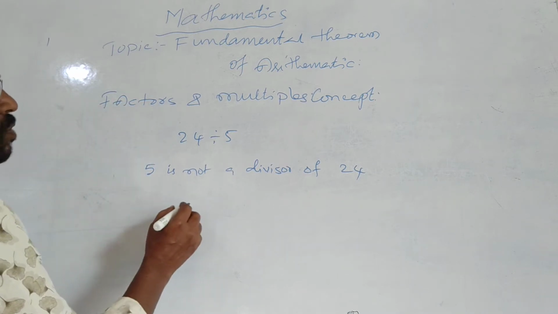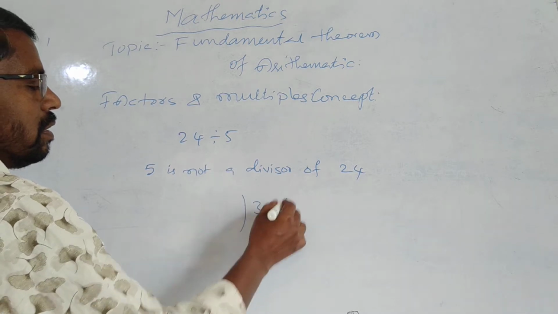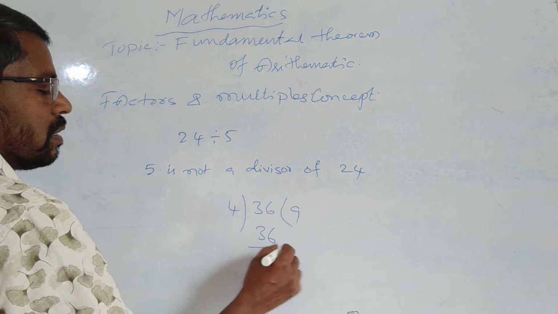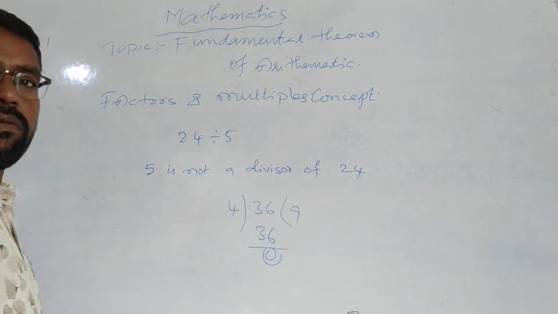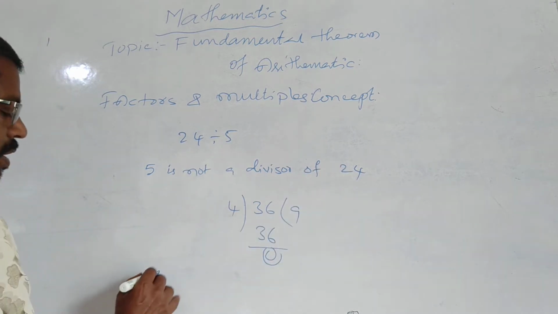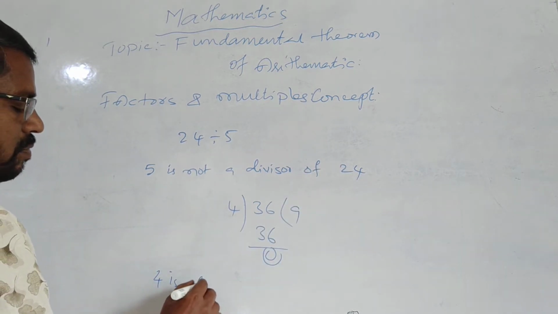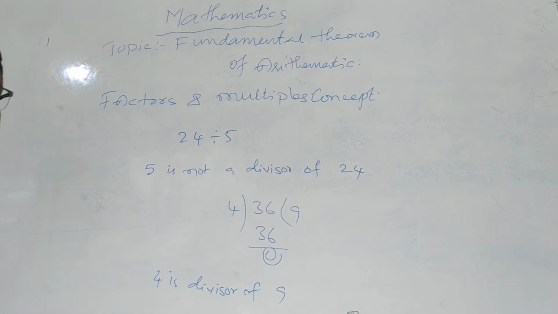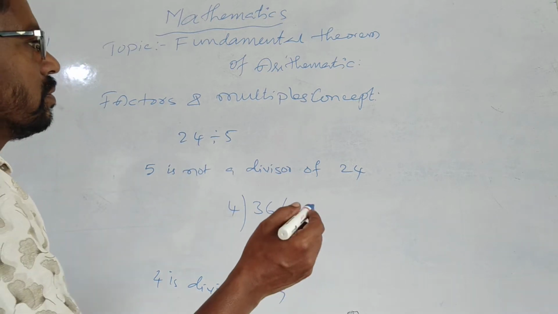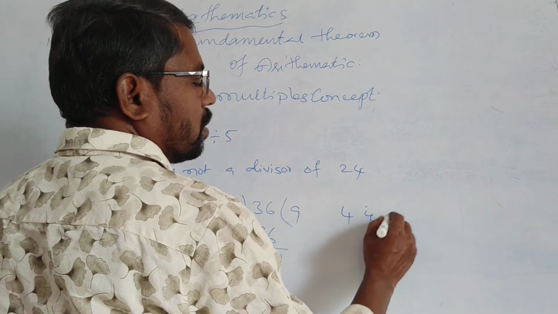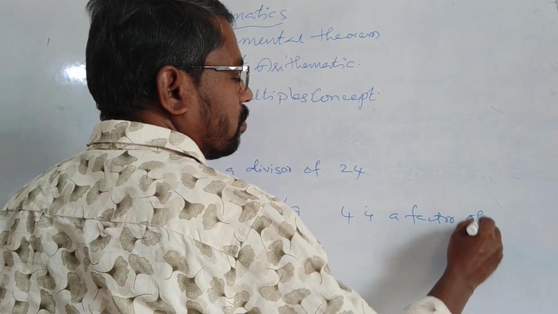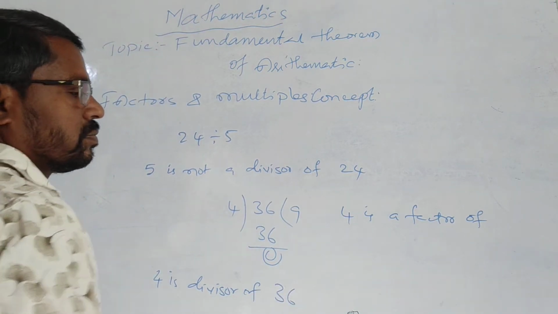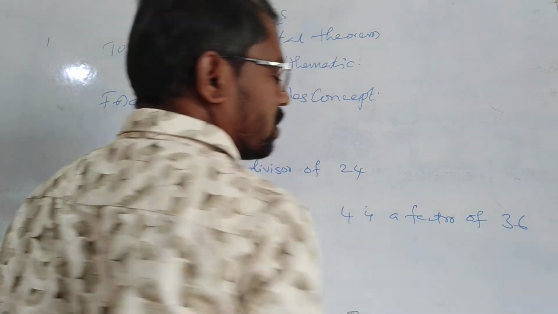Let us take another example, 36 divided by 4. We can say that 4 nines are 36, and the remainder is 0. So we conclude that 4 is a divisor of 36, and in the same way, 4 is a factor of 36.